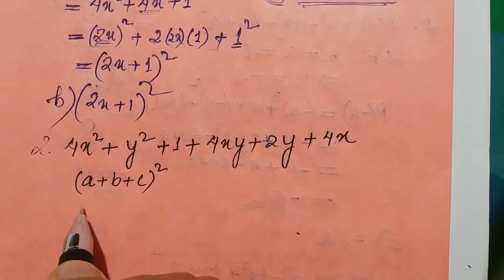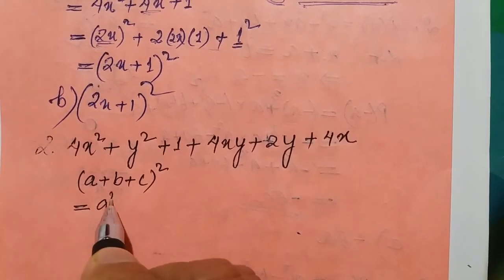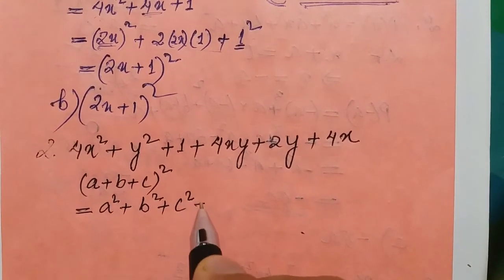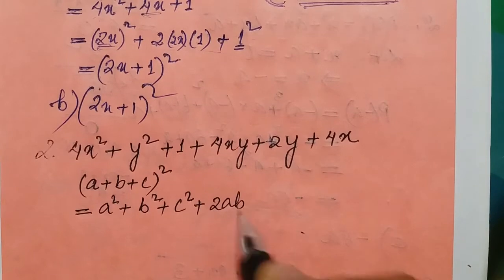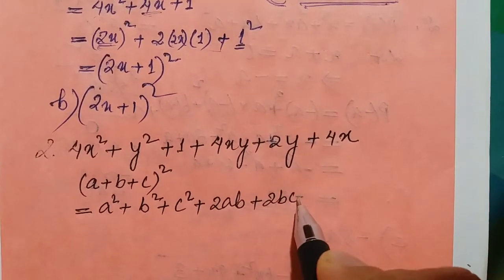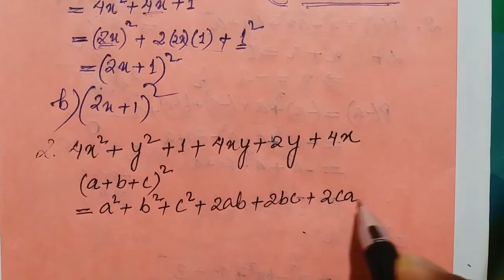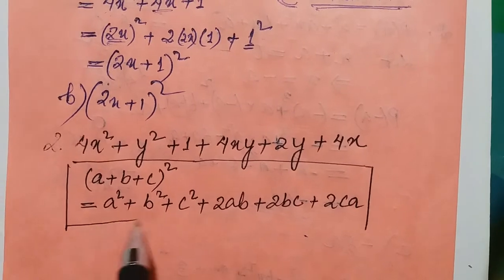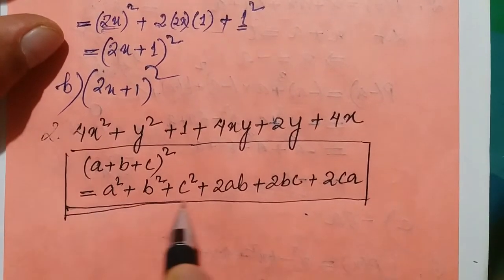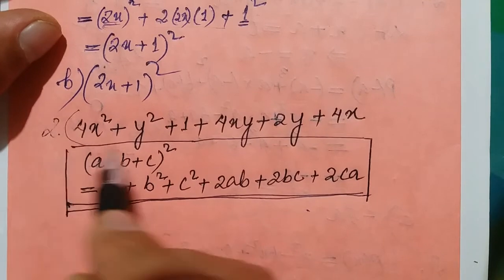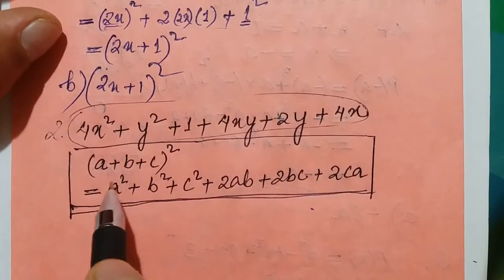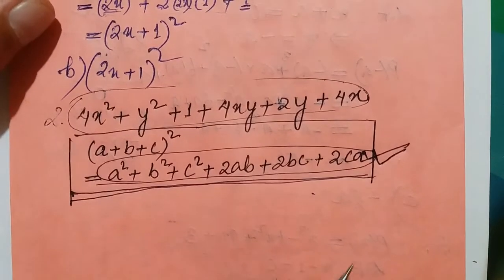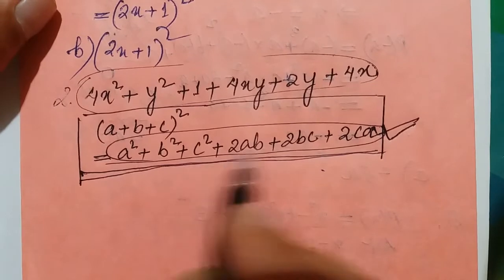This identity is a square plus b square plus c square plus twice ab plus twice bc plus twice ca. Now this identity is what we are going to use. To use it, we will see whether the given polynomial can be expressed in this form, in this second line.